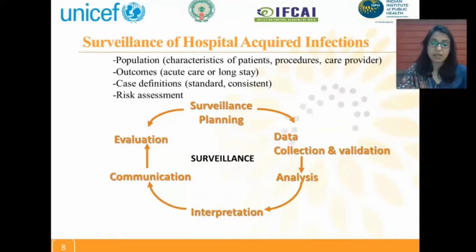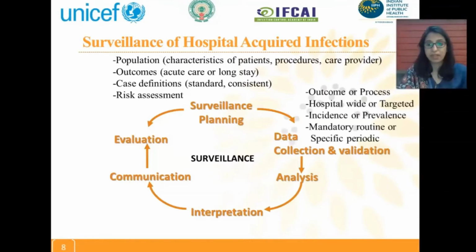Risk assessment: whatever you have chosen as an outcome or a disease or a procedure that you are going to do surveillance for, look at the risk factors for that and how you can assess the risk for the given parameter. Based on that, you then develop your surveillance system. In that, as I've mentioned again, are you going for the outcome or the process? Then you plan a method for data collection of the outcome or the processes.